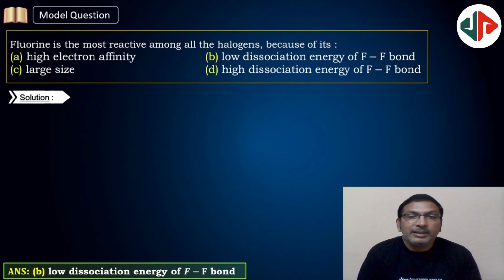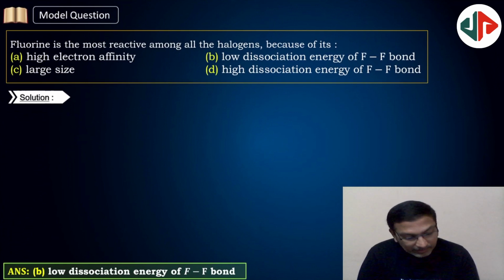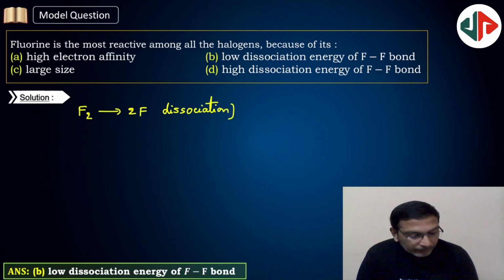Fluorine is most reactive among all the halogens because of its... So fluorine F2 molecule first dissociates into 2F. This is dissociation. Here F2 gas and F also gas. Next, F gas will be converted to F minus.